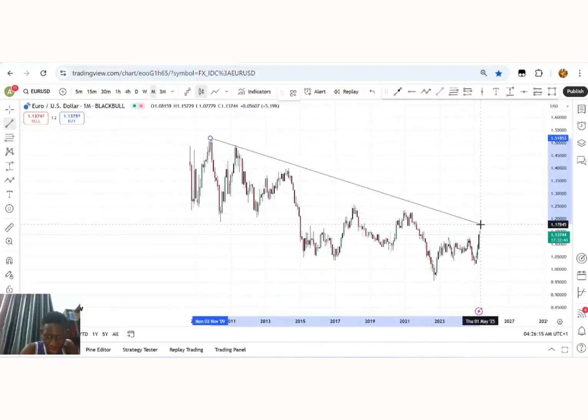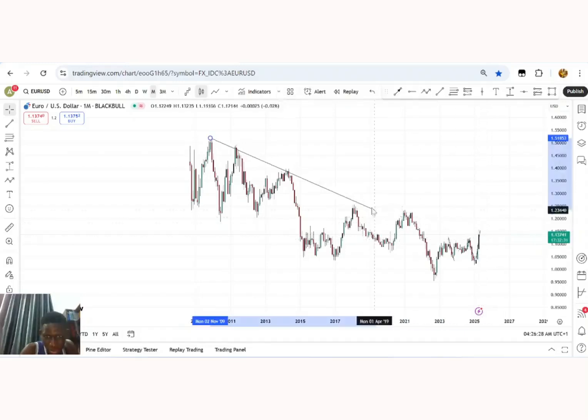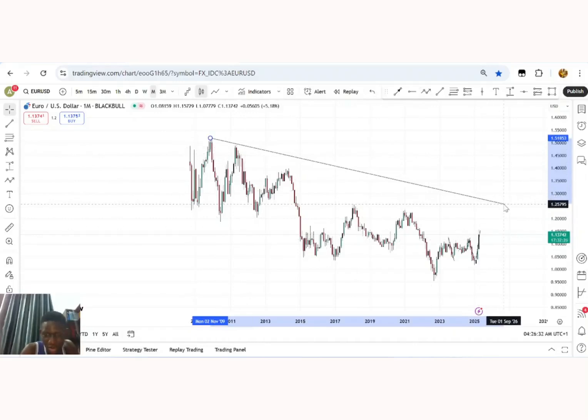Now see drawing this. Notice I want to cap my levels of interest. This time I did not just put it at the wick and extend it, because it is not realistic.